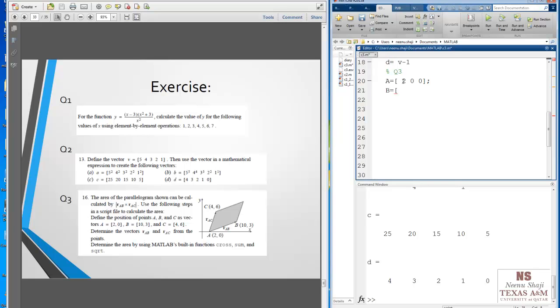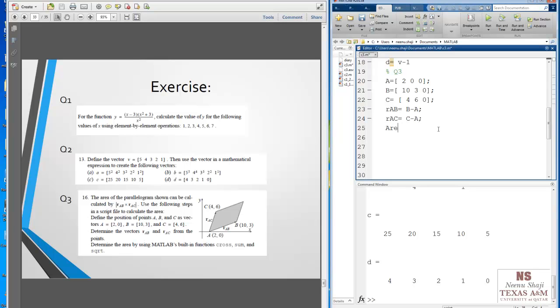B is 10, 3, 0. And C is 4, 6, 0. RAB would be B minus A. And RAC would be C minus A.